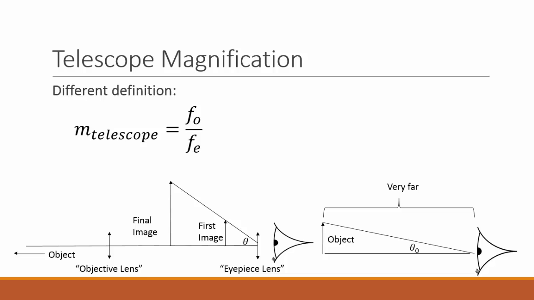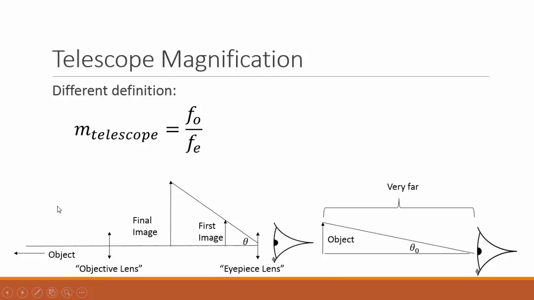Simple as that. So if you have a large focal length objective and a short focal length eyepiece, then you're going to have a very large magnification. Now, this doesn't directly have any length involved in here, but note there's a certain distance you need to place these lenses away from each other.